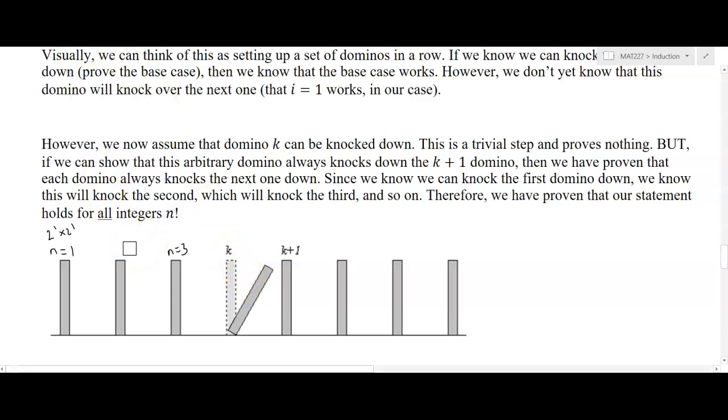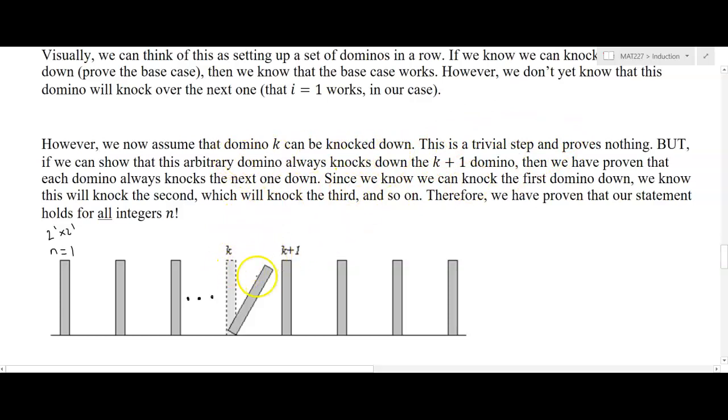So our line of reasoning was, we just use the n equals 2 and n equals 3 case to develop some logic. And then in here, suppose we have some sort of gap until we hit the kth domino. So there's a bunch of dominoes in between this third one here and this one that says k. We assumed that domino k can be knocked down.